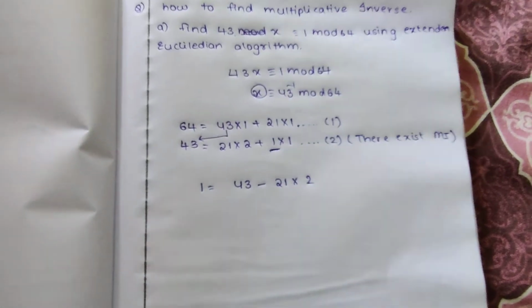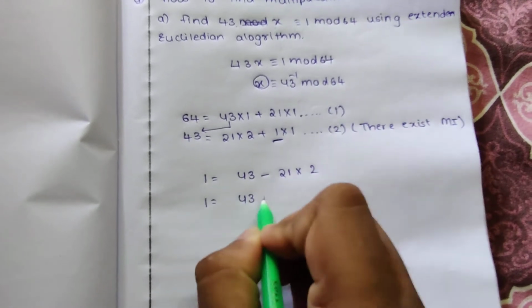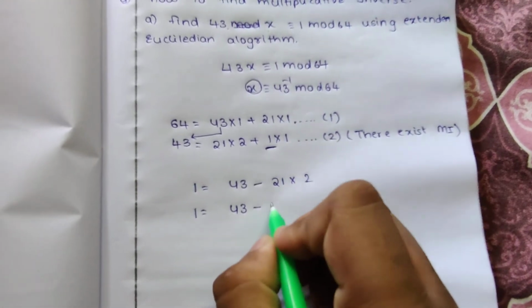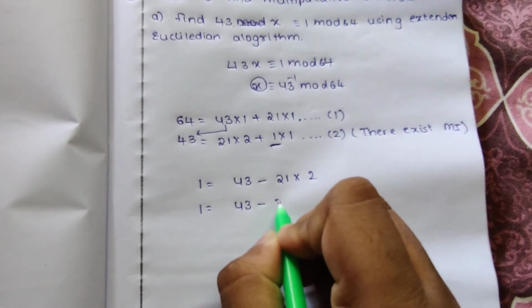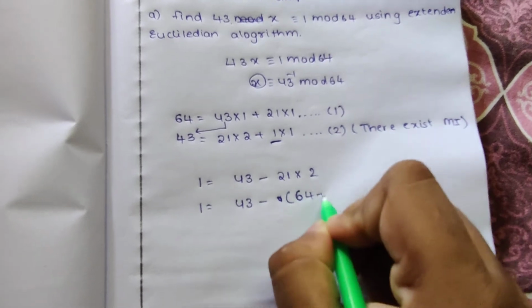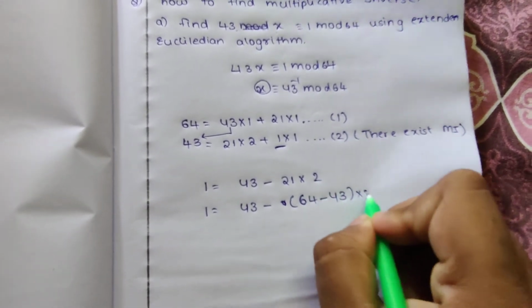Just do it again. 1 is equal to 43 minus, in place of 21, 64 minus 43 into 2.